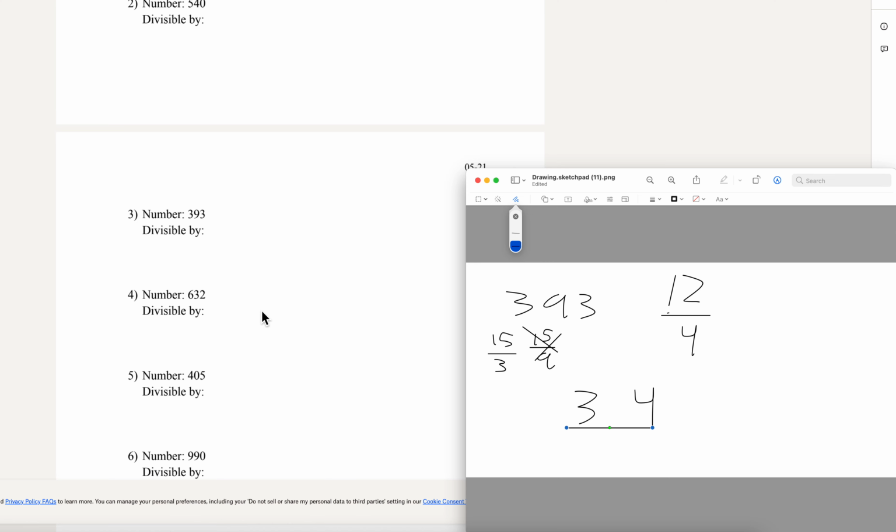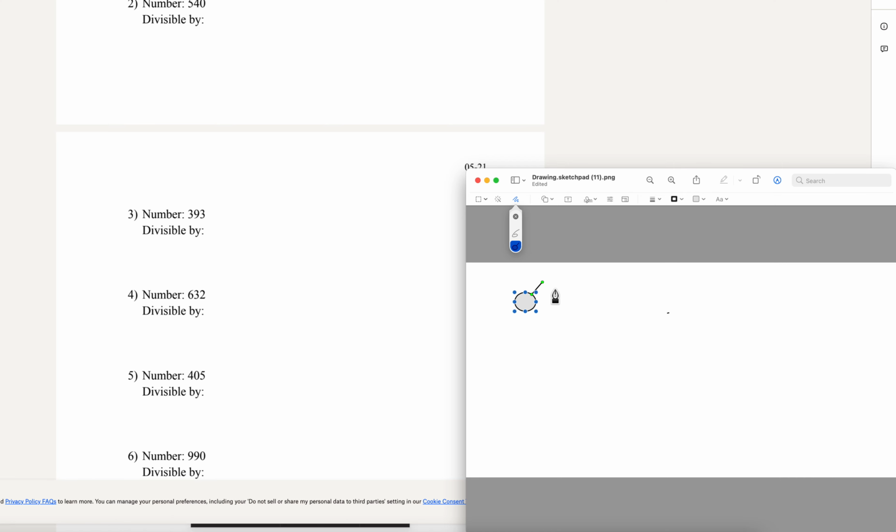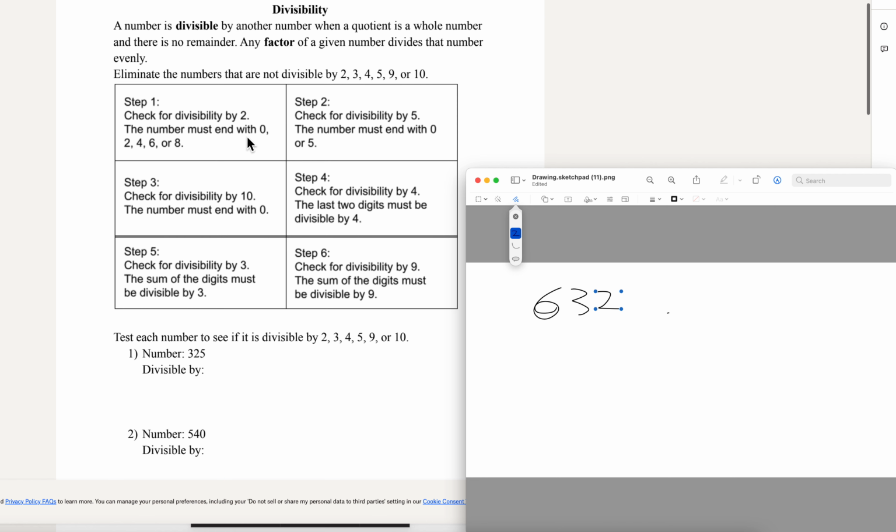Okay, number 4. 632. Okay, so this would be divisible by 2 since it's an even number.